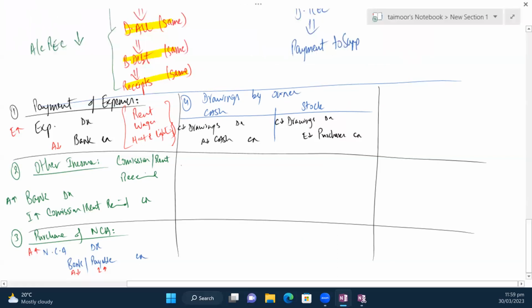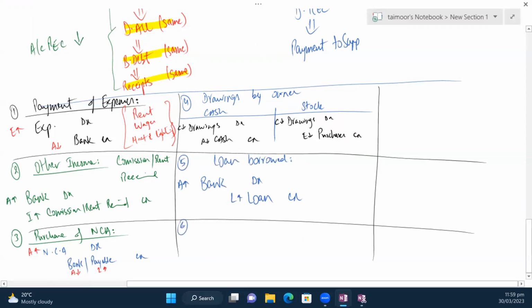Okay. Number 5, loan borrowed. If you're acquiring a loan from bank, so entry is going to be bank debit, loan credit, asset increase, liability increase.